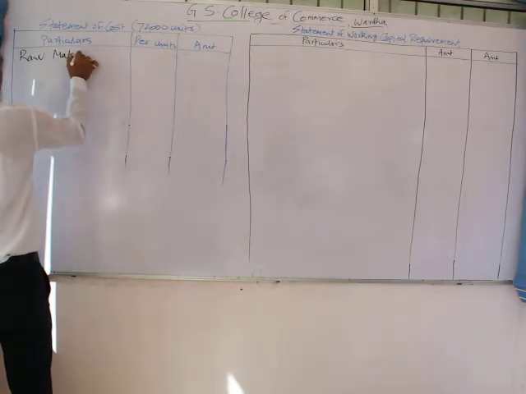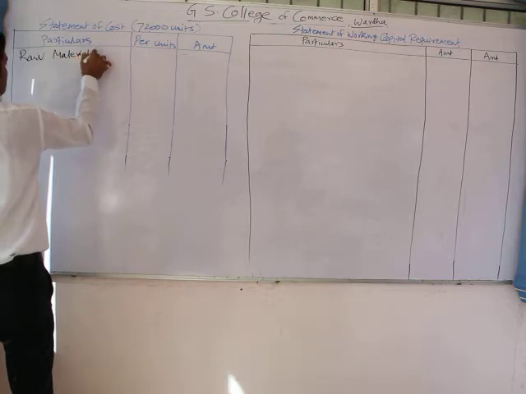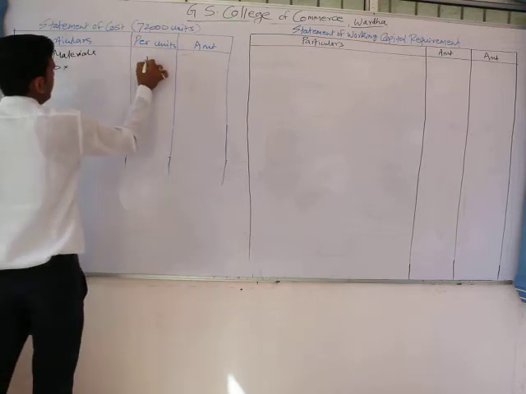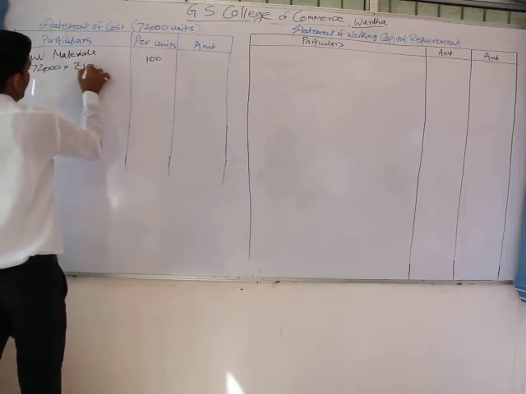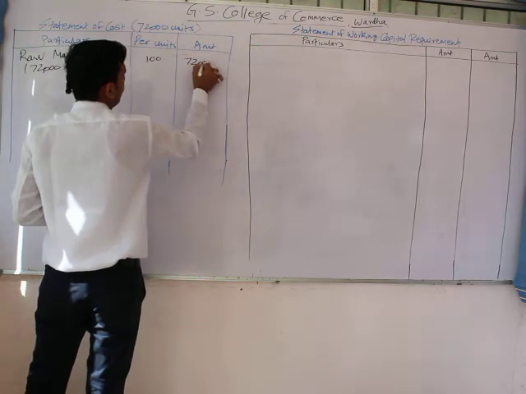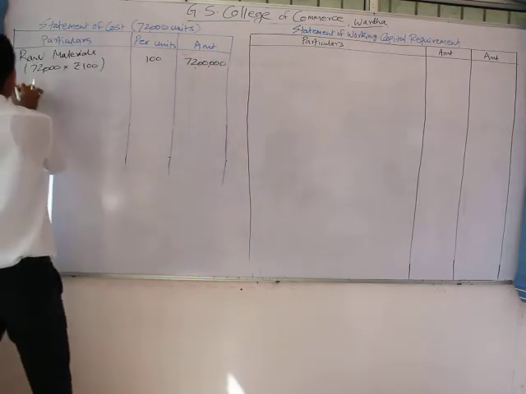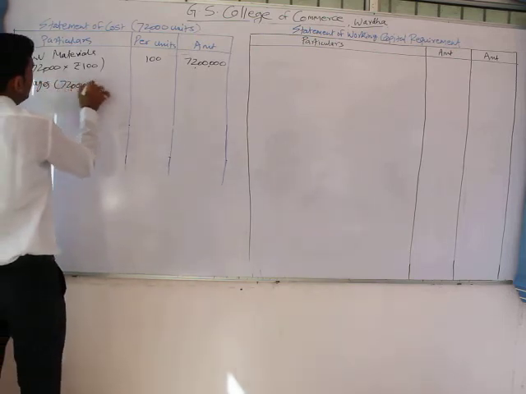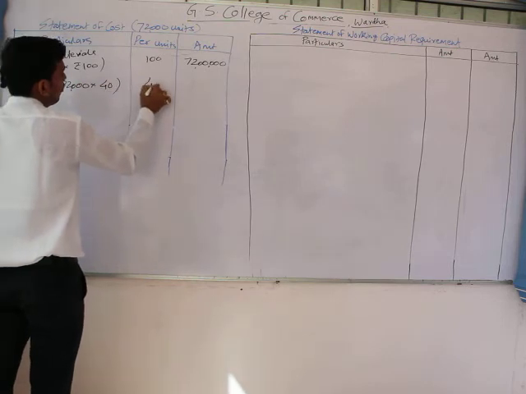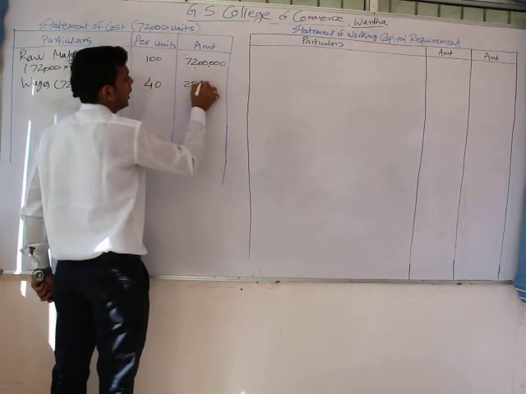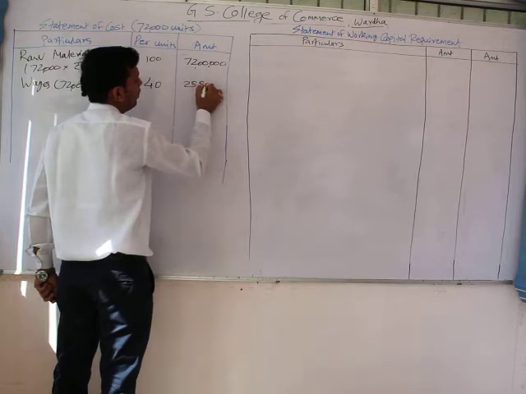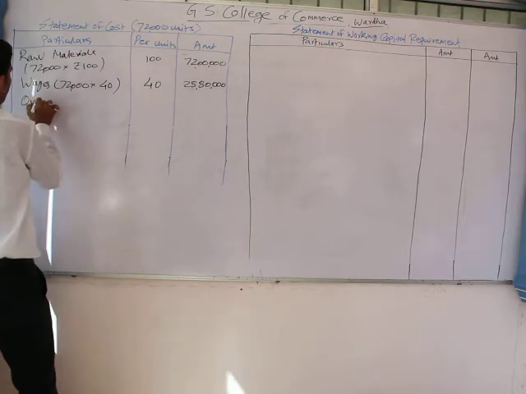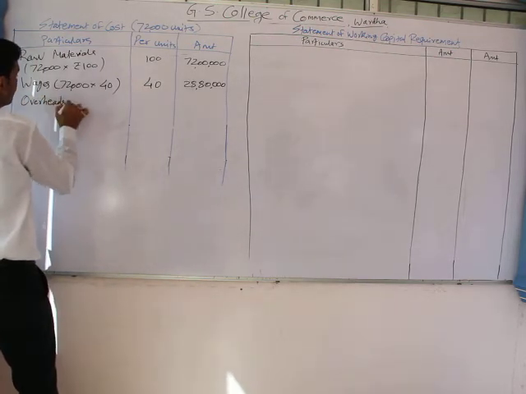First is raw materials: 72,000 units multiplied by the per unit cost of rupees 100, that is 72 lakh, plus wages: 72,000 units into rupees 40 per unit, that is 28 lakh 80,000.